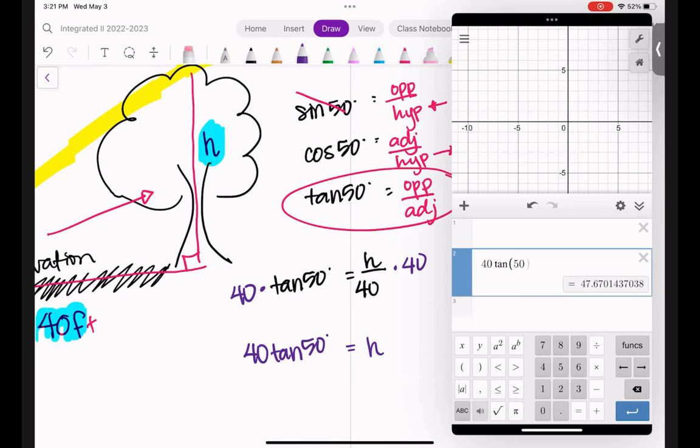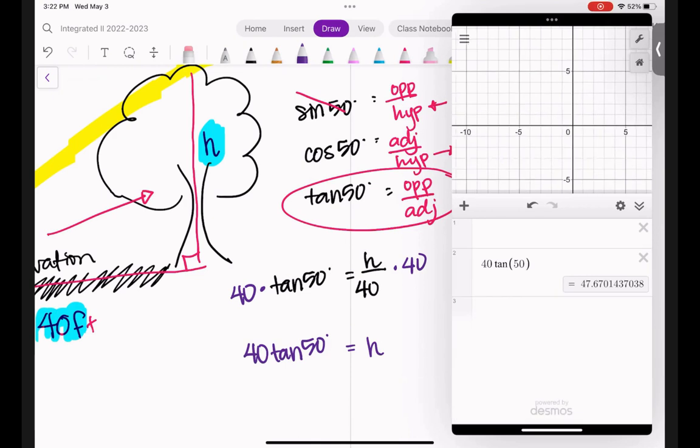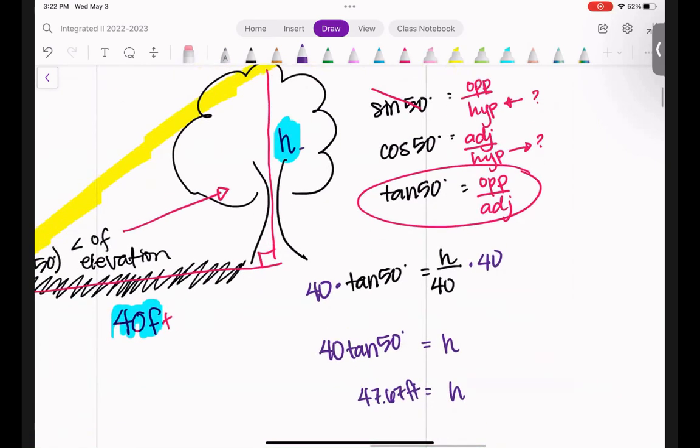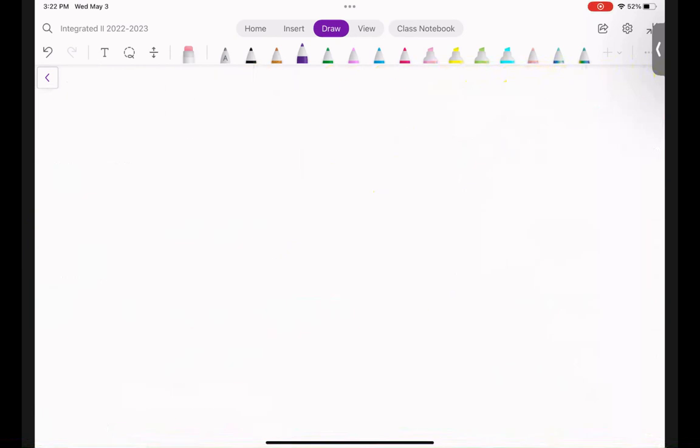So then, when you have that, h, that means my tree is, even though this picture is not drawn to scale, just know, 47 feet. Okay, so there's my answer for that.